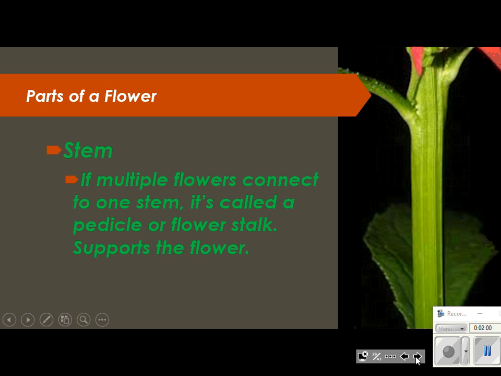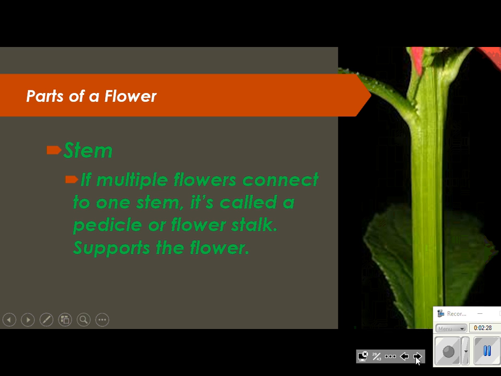The stem. The stem is also called a flower stalk or pedicel. If multiple flowers are connected to that one stem, that's when we call it a pedestal or a stalk.